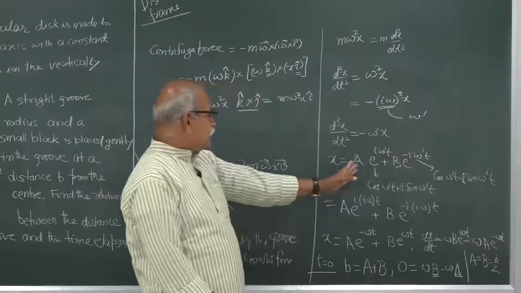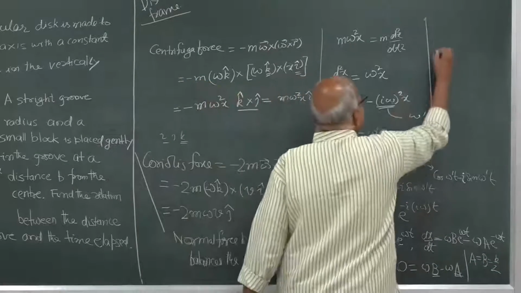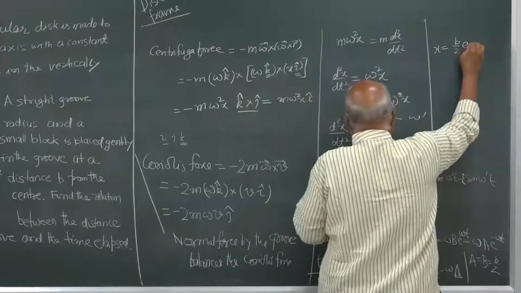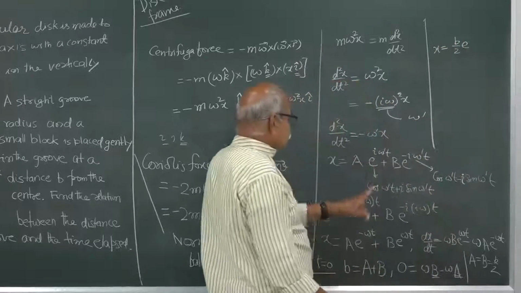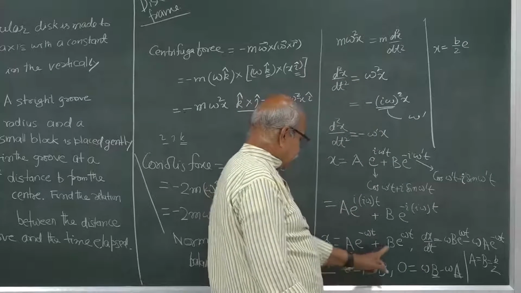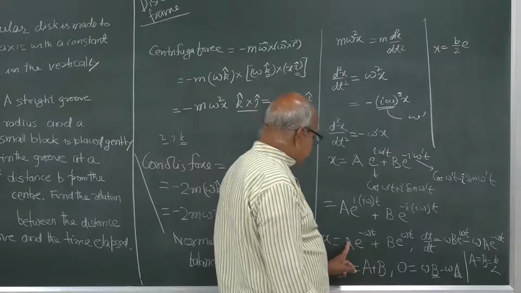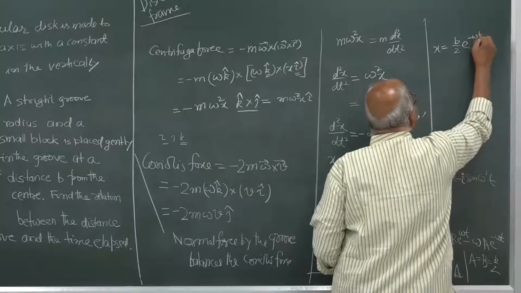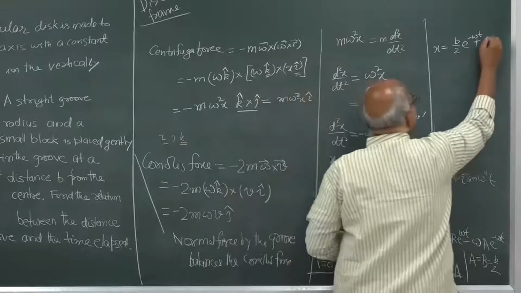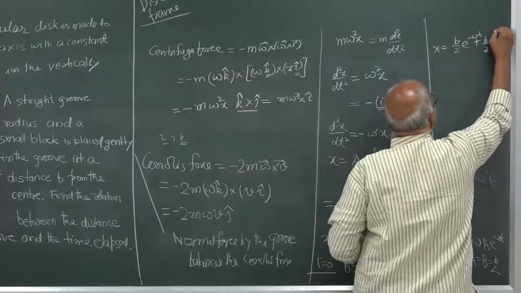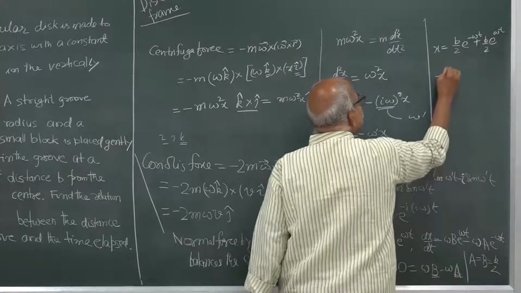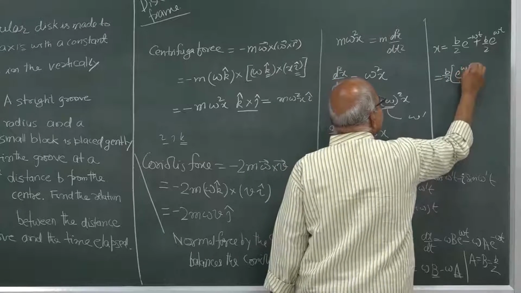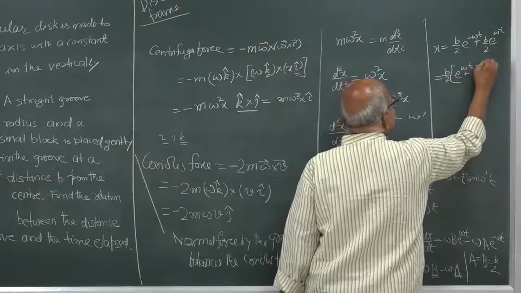So, place it here and you get your answer. What is A? A is b by 2, e to the power minus omega t, plus B, which is also small b by 2, e to the power omega t. So, this is b by 2 times e to the power omega t plus e to the power minus omega t.